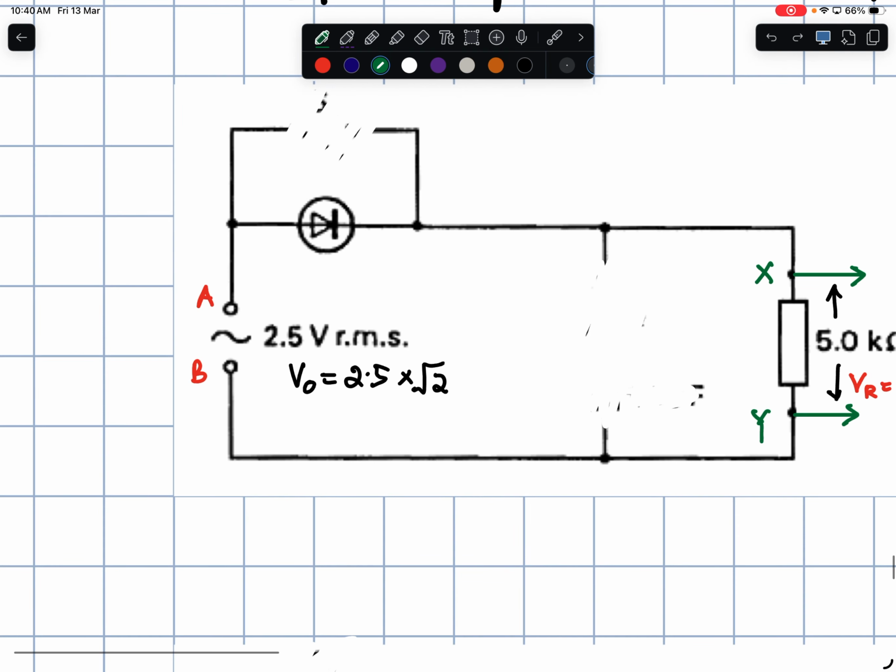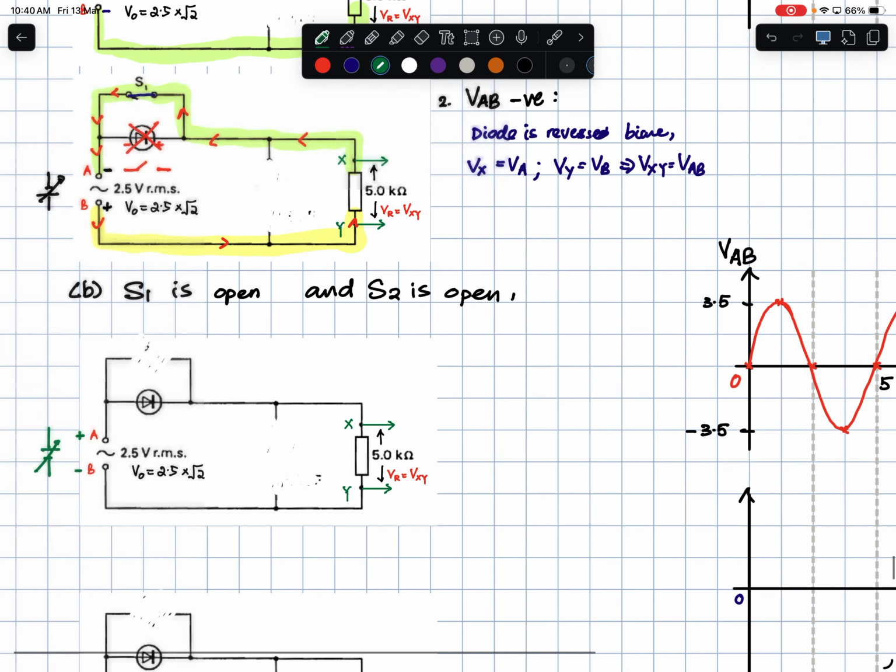Okay, so first one, in this part of the cycle, A is positive with respect to B. So this tells me this is positive, this is negative. It's behaving like a battery that's moving sinusoidally. When VAB is positive, I'll consider whether the diode is forward bias or reverse bias.